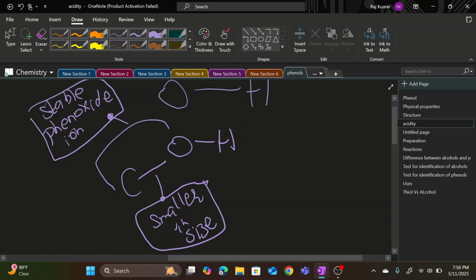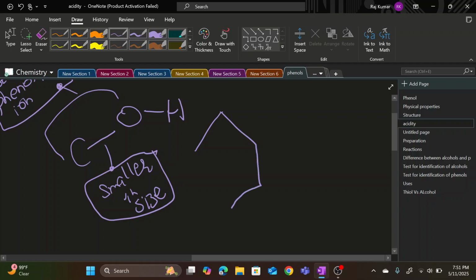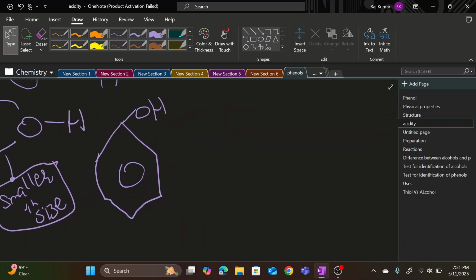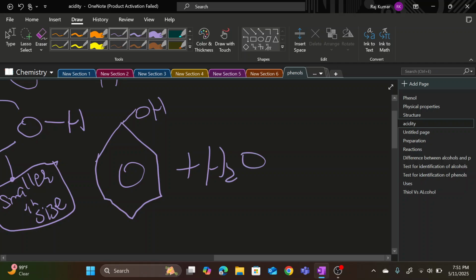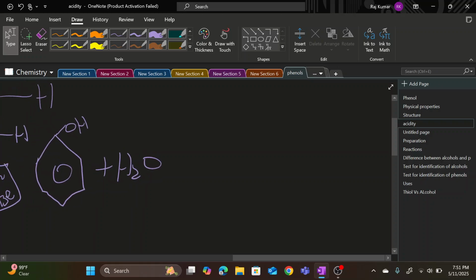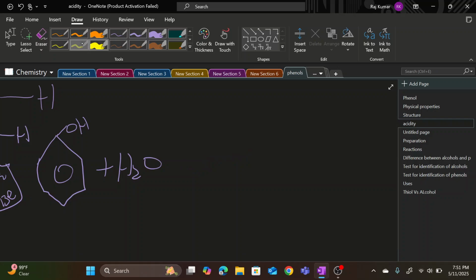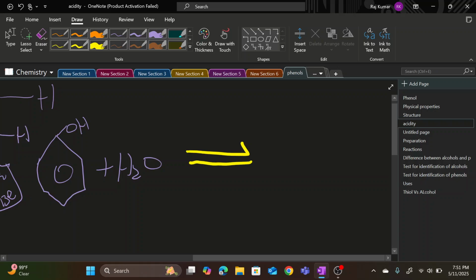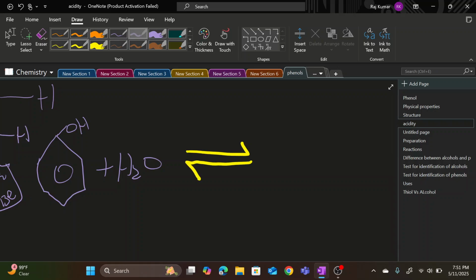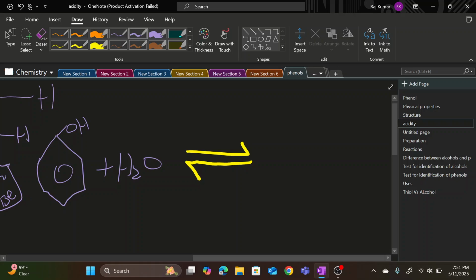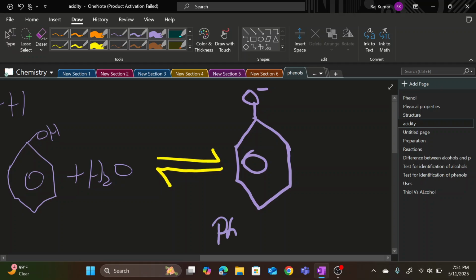Now, what is a phenoxide? Let's say I take a phenol, with the OH group attached, and I dissolve it in water. In water, it is ionized, and it will form an ion known as a phenoxide ion.